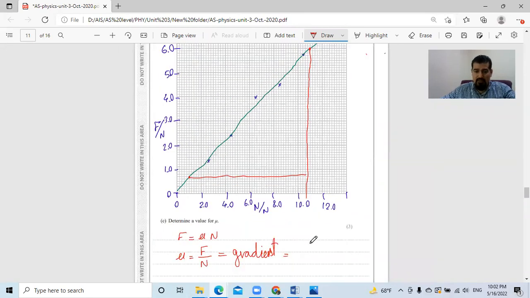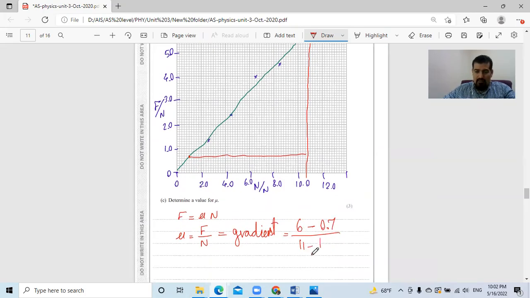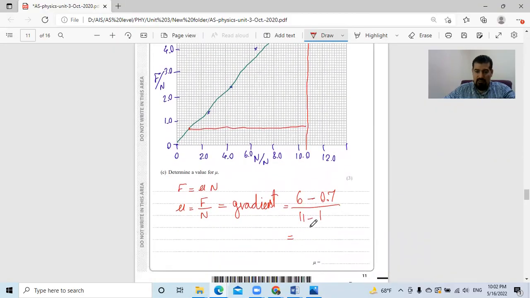So if I take the coordinate of this point, which is 6, minus the coordinate of this point, which is 0.7, divided by the coordinate of this point, which is 11, minus the coordinate of this point, which is 1, my answer will be 0.53.